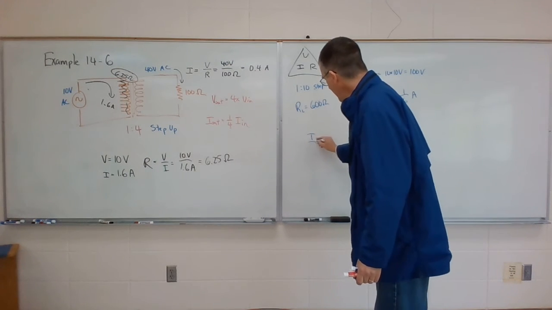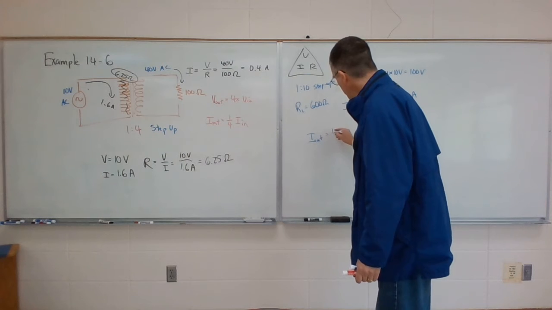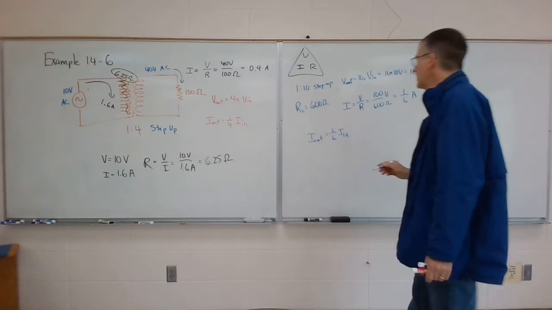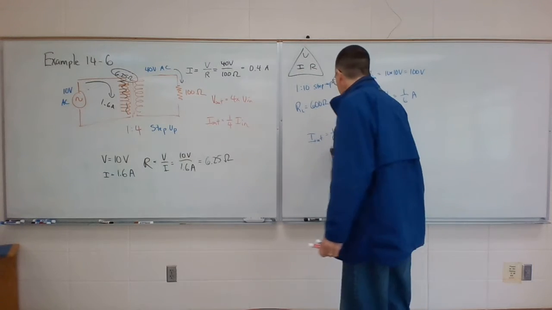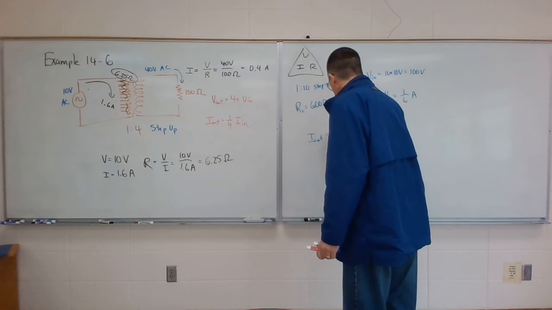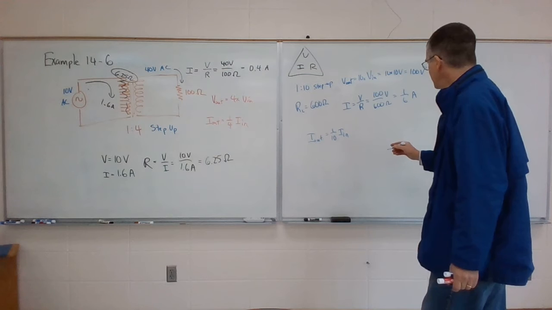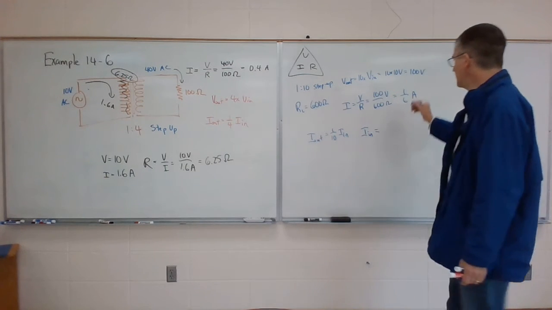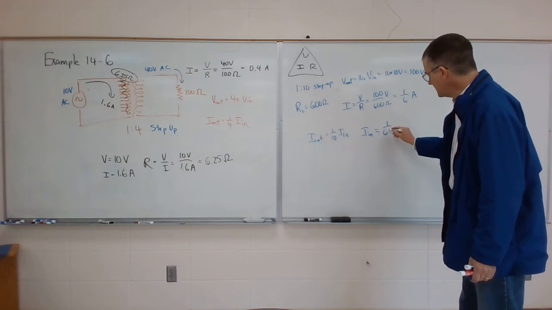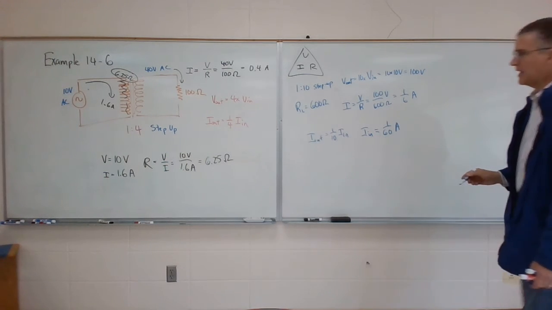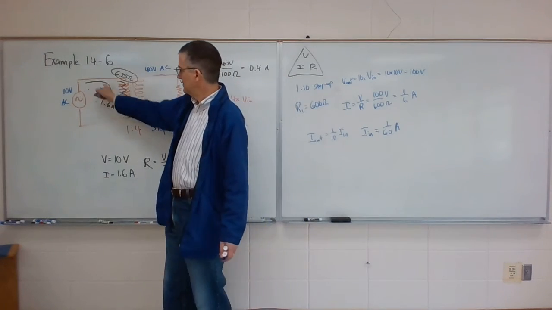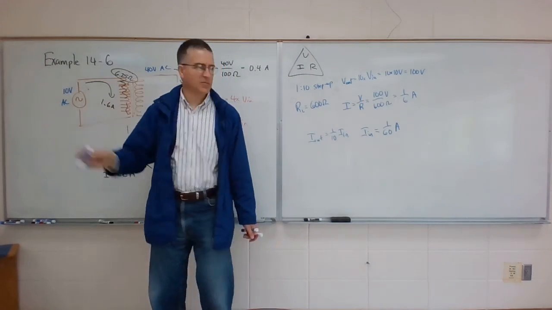Now, the current out is 1/6 of the current in. Sorry, 1/10 of the current in. So the current in has got to be 1/60th of an amp. Okay, so that's what's over here. This must be 1/60th of an amp.